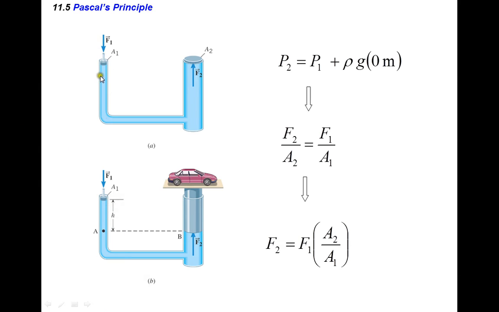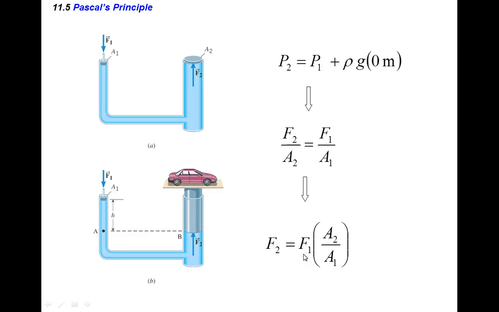That means that the force that I put into piston 1, the narrow one with the smaller area, is going to generate the same pressure that is going to be reflected through the whole thing. And so over here, that same pressure with a larger area is going to come up with a larger force. So F2 is going to be enough force to lift the car.